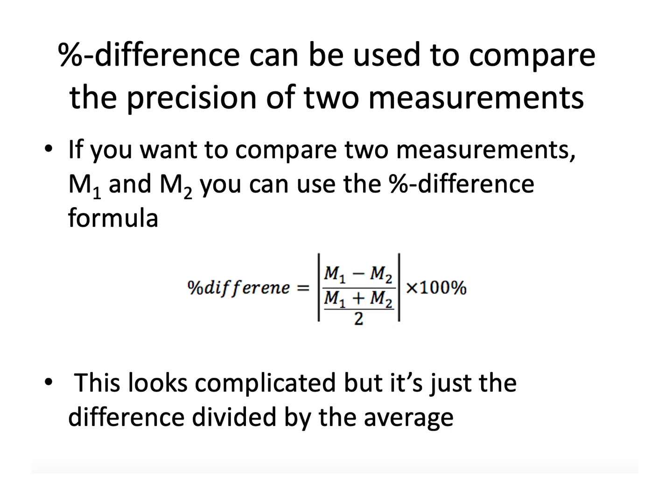So again, percent error is the formula you use when you're comparing a measurement to a known value or an accepted value. Percent difference is a technique you use to compare how close two numbers are to each other, two measurements, for example, to each other.